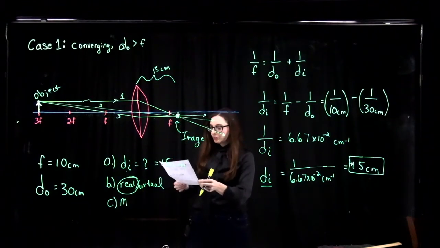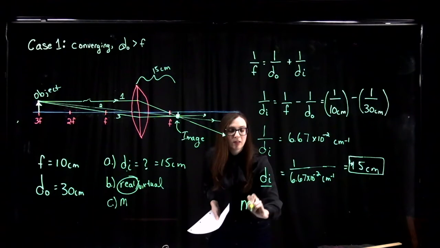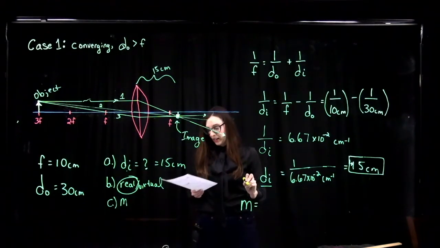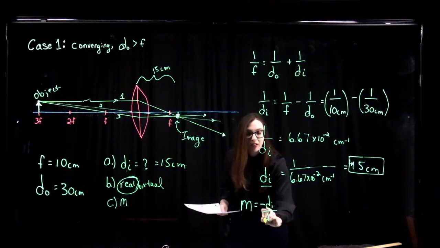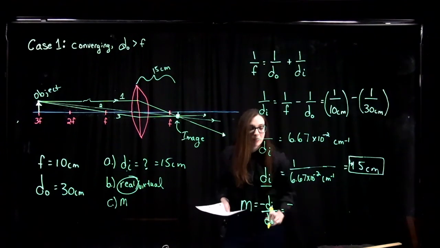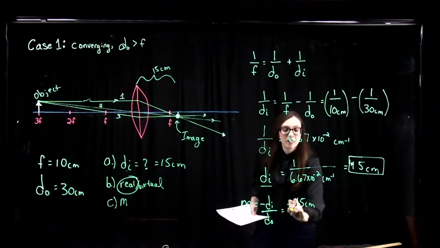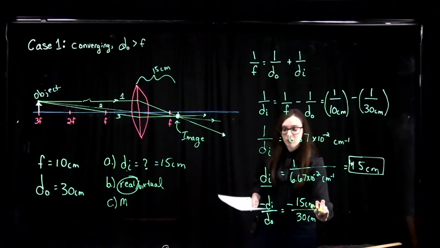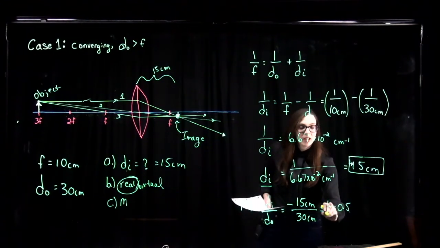And then our magnification. There's a couple of ways you can find it, but one of the ways is by taking minus DI over DO, minus the distance to the image over the distance to the object. So we've got minus, distance to the image was 15 centimeters, distance to the object from the lens was 30 centimeters, so this is minus 0.5 is the magnification.